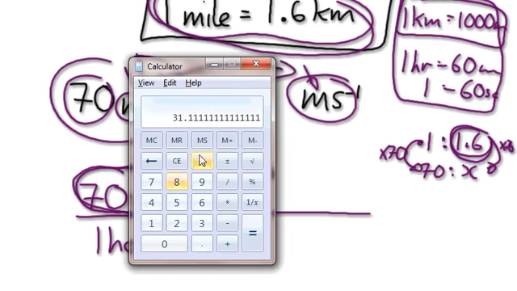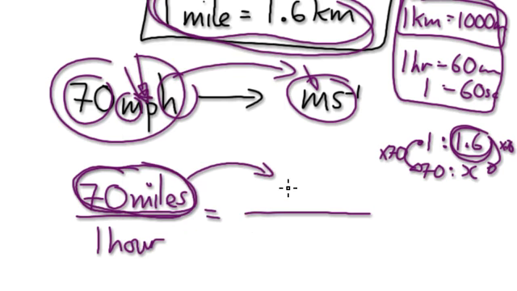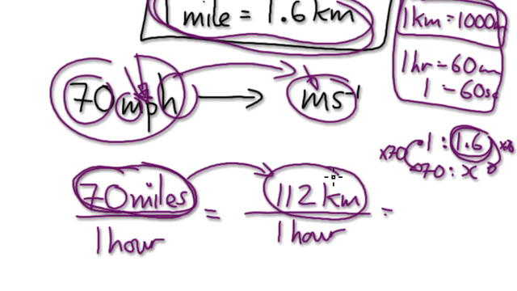Okay, so let me clear this. 1.6 times 70 equals 112 kilometers. Remember, it's still per hour. Now express these kilometers in meters.